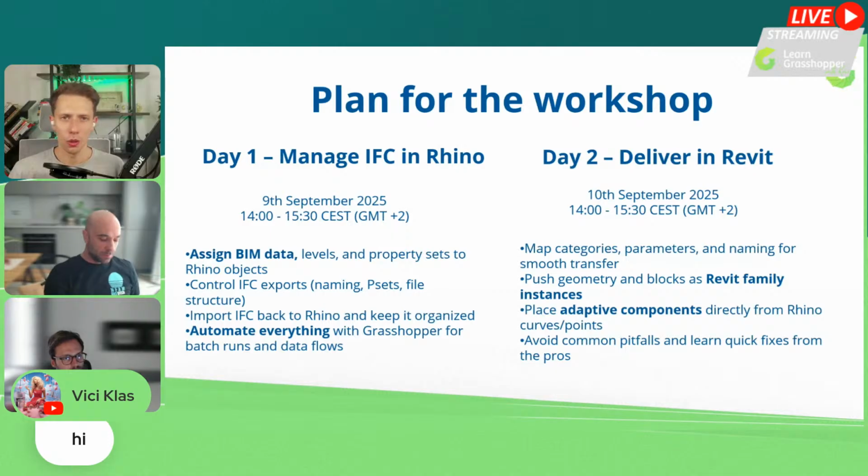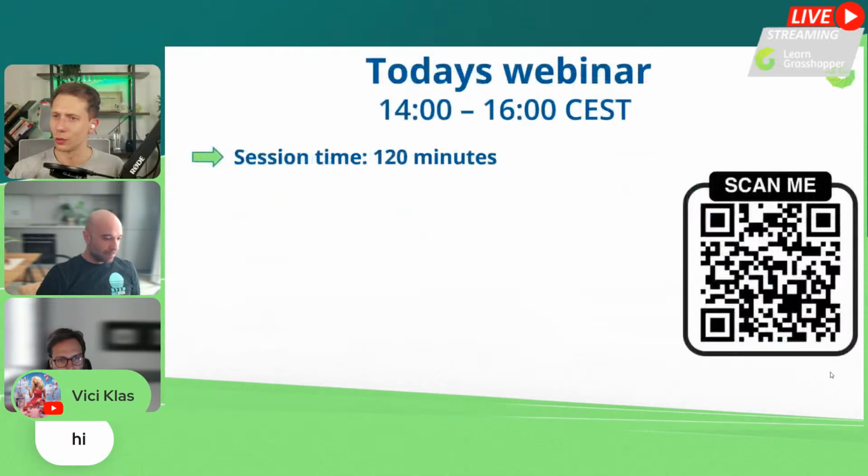And then tomorrow, at the same time, we are going to talk more about connecting that with Revit, because the tools can be used for both, and how we can actually deliver clean IFC models in Revit and also geometry. So really looking forward to this workshop.